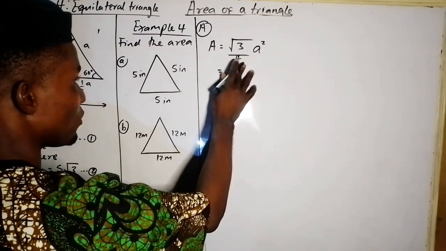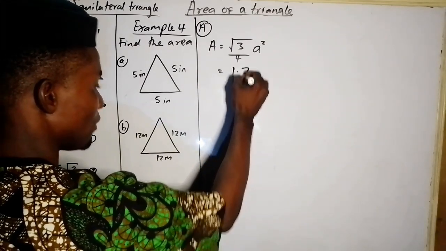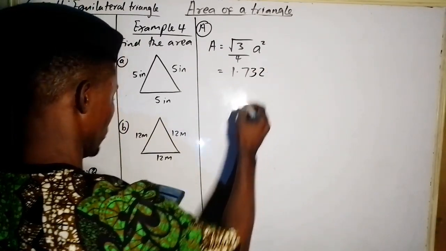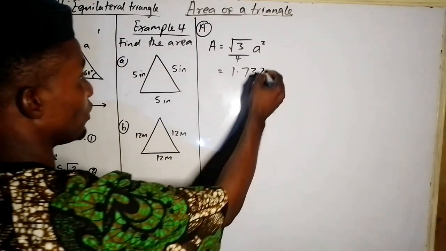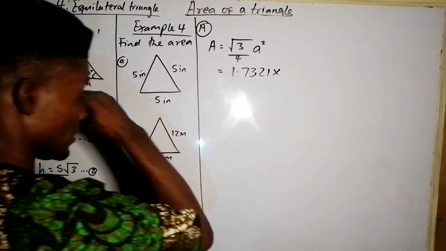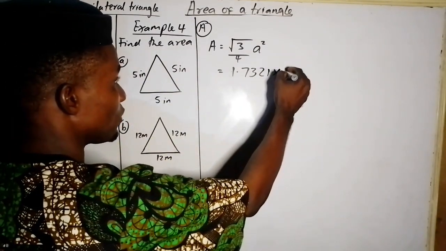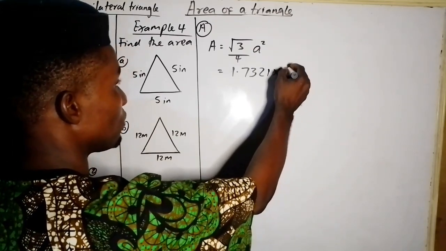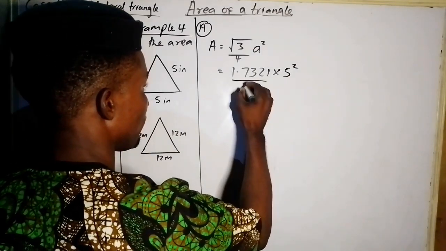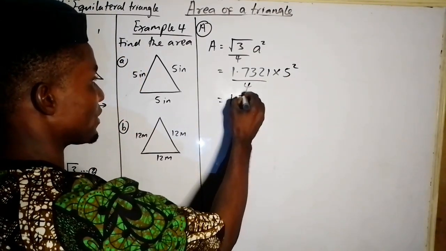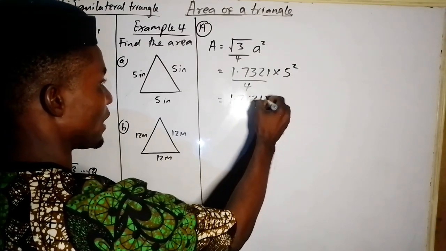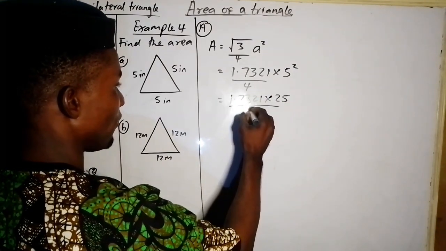Square root of 3 is going to give us 1.7321 times, what is the value of A given here? Since all the sides are equal, our A is going to be 5 raised to power 2 over 4. So 1.7321 times 25 over 4.